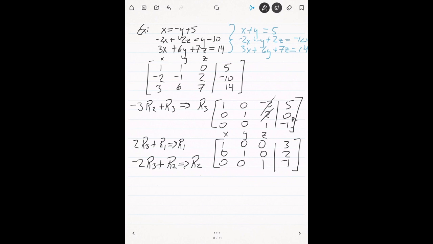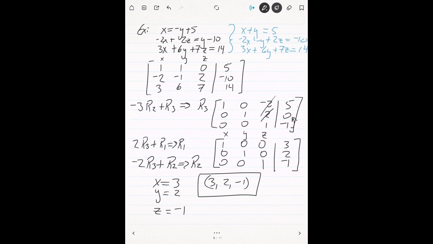So we have 1x equaling 3, 1y equaling 2, and 1z equaling negative 1. So we could write our answer, this time as an ordered triple, 3, 2, negative 1. That's our final answer.